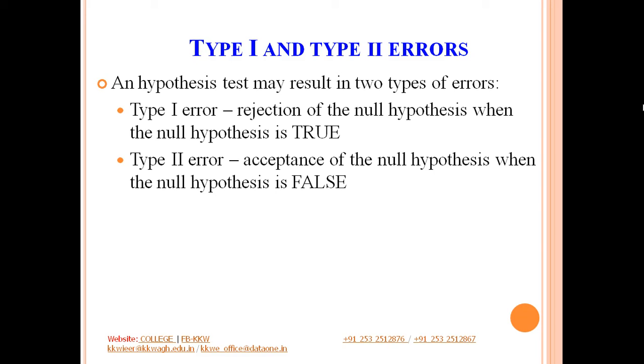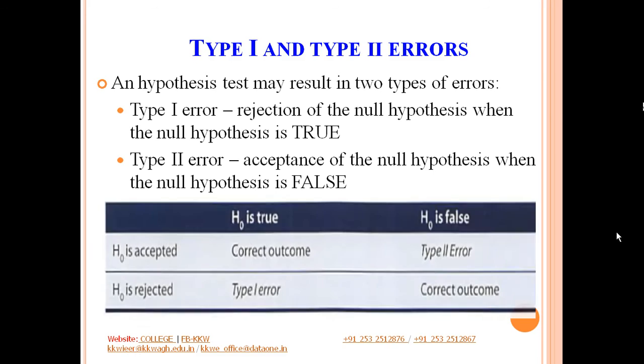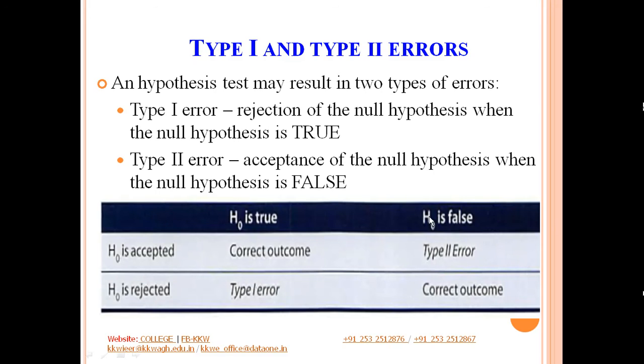So we'll see this concept with the help of a confusion matrix. You might have come across the term confusion matrix. In the confusion matrix we have true positive, true negative, false positive, false negative, and so on. So in this case, let us say H0 is actually true in reality. So H0 is true means our null hypothesis is true, and depending on the evidences, suppose the evidences support H0 and so H0 is accepted.